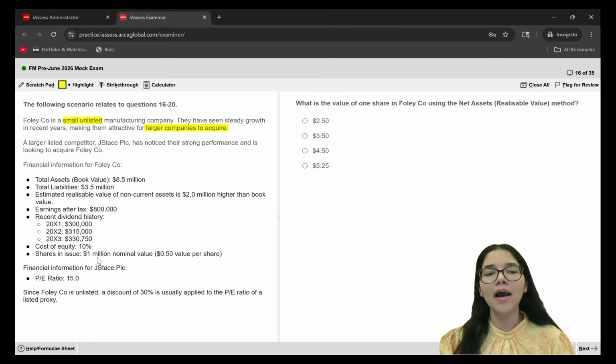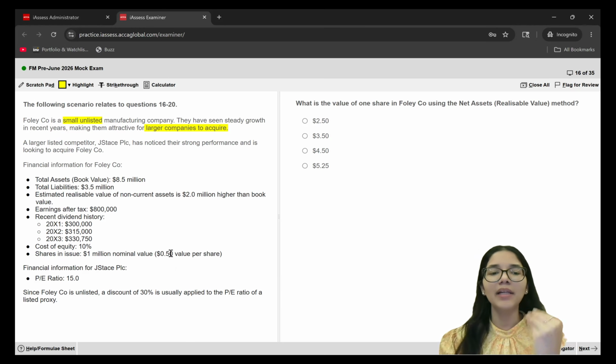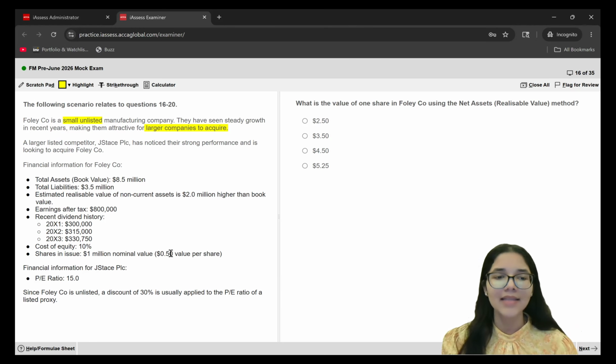Shares in issue are $1 million worth of nominal value, where every share has a value of 0.5. So this information will be helpful for me to calculate the number of shares. If this is the total value, this is the worth of one share, I can simply divide the 1 million figure with 0.5 to find out the number of shares that this company has.